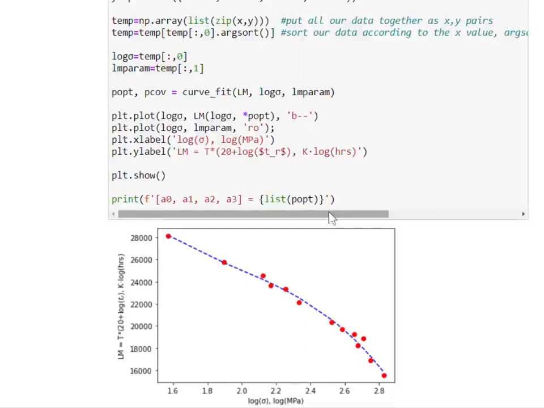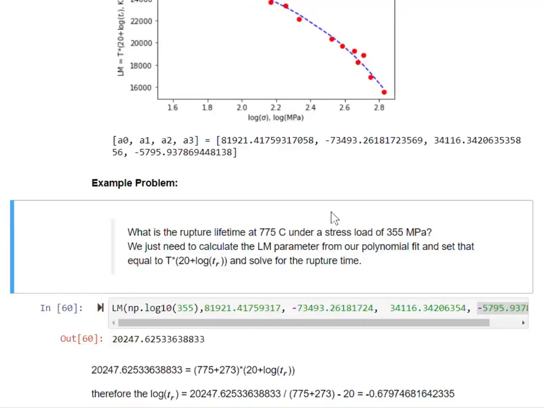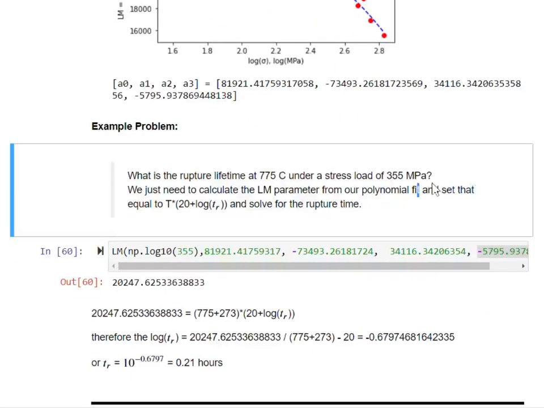And it's going to kick me back the solution to that polynomial, which is 20,247. That is my Larsen-Miller parameter, which is equal to 20 plus the log of the rupture time times the temperature, 775 plus 273.